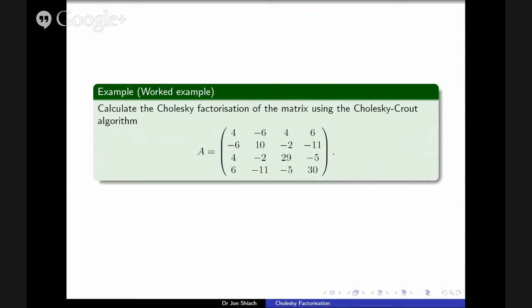Third column. The main diagonal element is L33, the square root of A33 minus L31 squared minus L32 squared. So what have we got? A33 is 29.